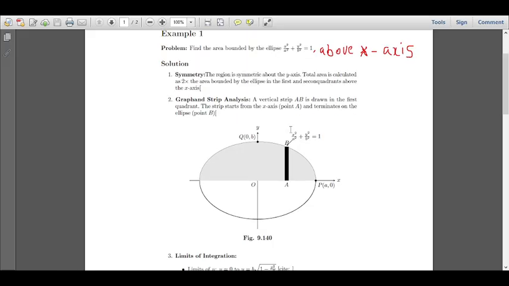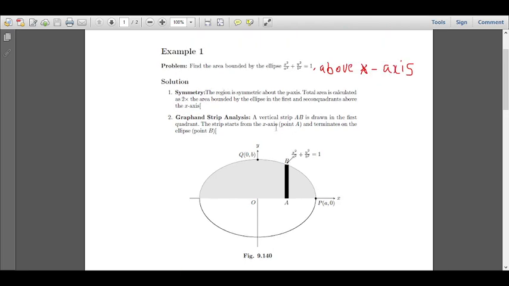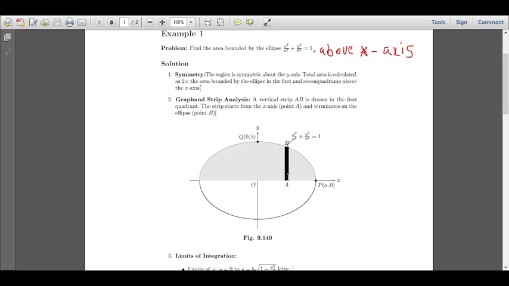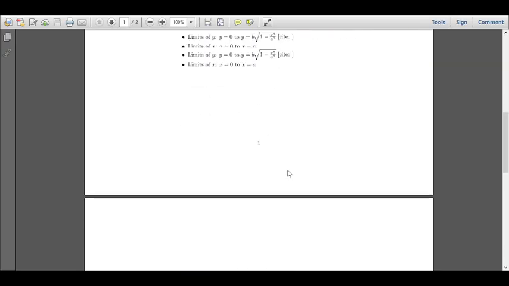Hence, how to find the limits? The area formula is the double integral of dx dy or dy dx. We draw the vertical strip AB in the first quadrant and identify where the strip enters the region and where the strip leaves the region.